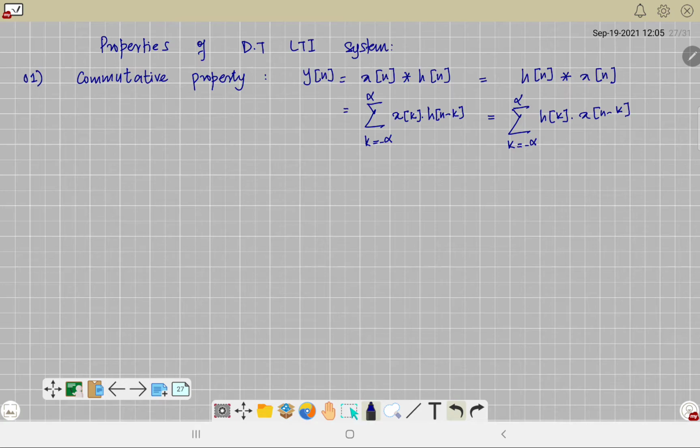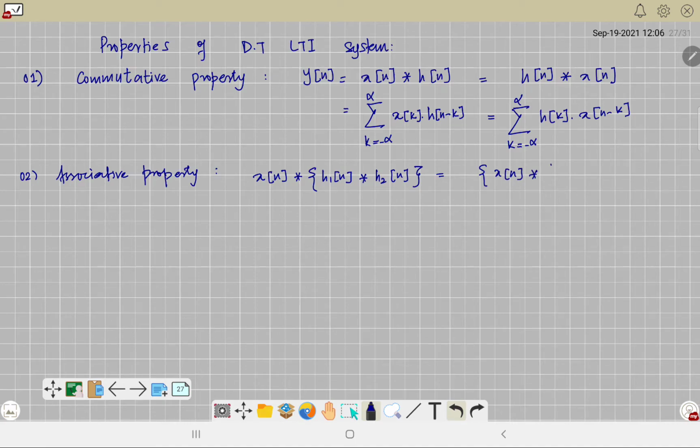Okay. Then we have the associative property, which states that if you have convolution like this, it is always equivalent to this thing. So it is associative in nature. Fine.